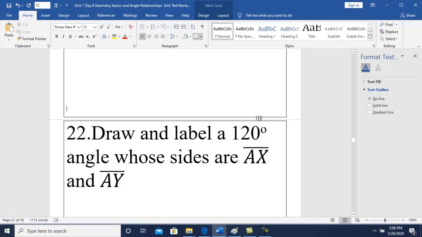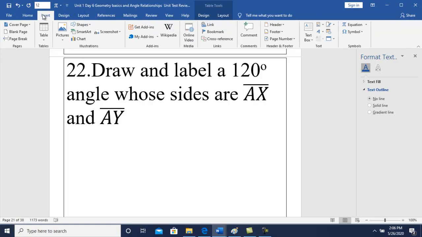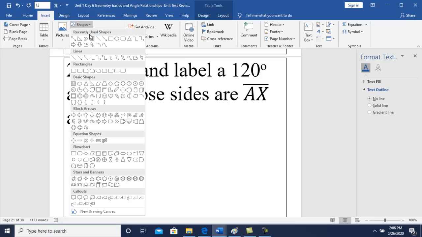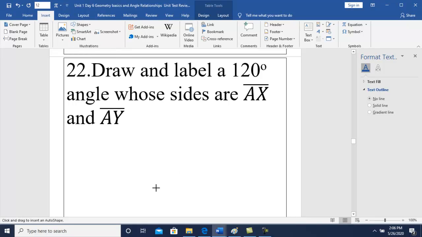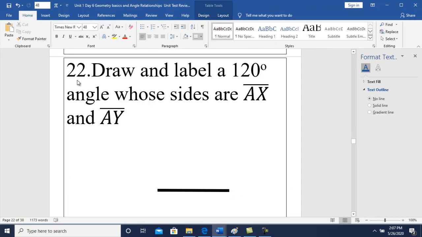An angle of 120 degrees whose sides are AX and AY. Now notice here there are no arrows, it's just segments, so we'll do line segments. We're going to draw our first line segment, and then we're going to draw another line segment.